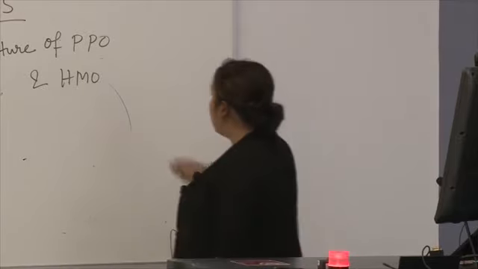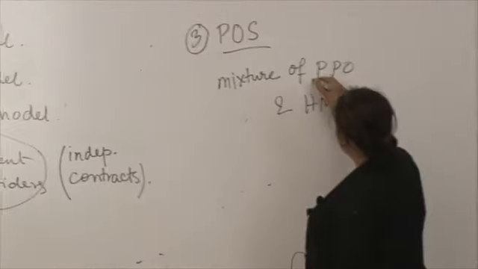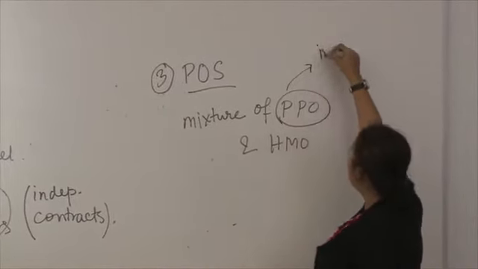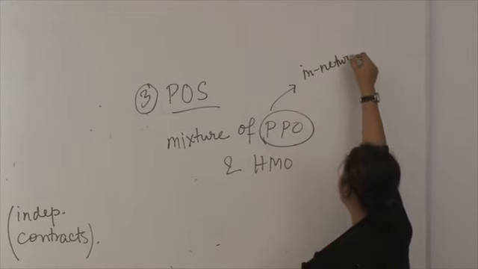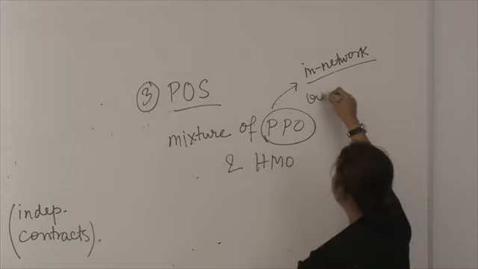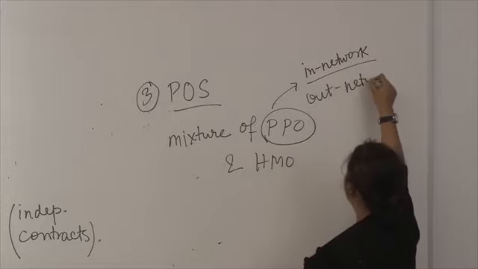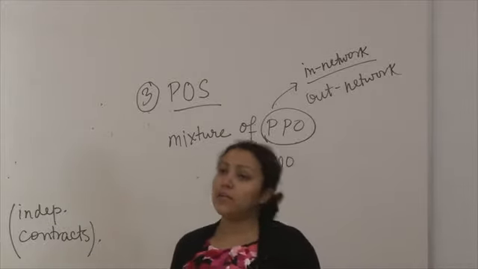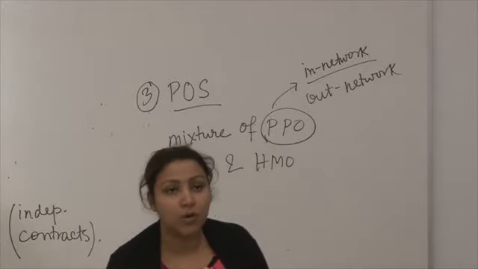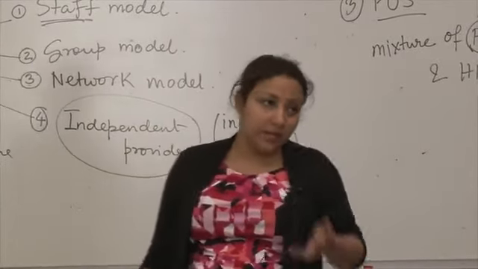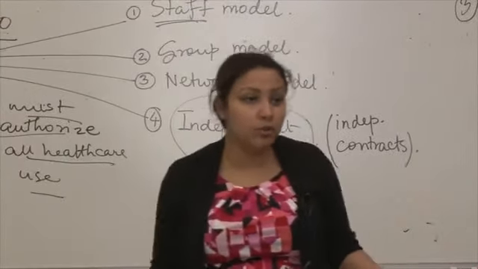Okay. So the feature that it draws from PPO is that there is an in-network and out-of-network list. So there is a preferred list, which is the in-network, and there is an out-of-network list, right? And you have that same feature that if you go to someone who is on the preferred list, who is in-network, you end up paying low user charges.